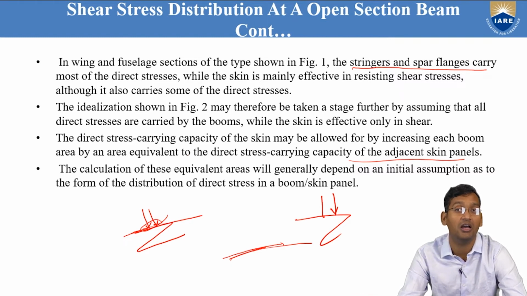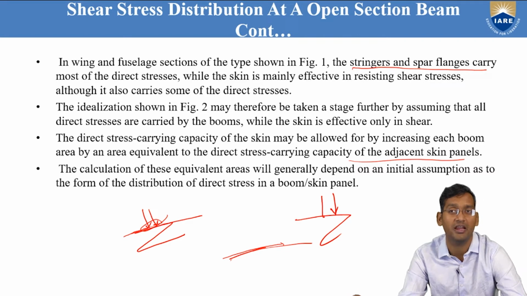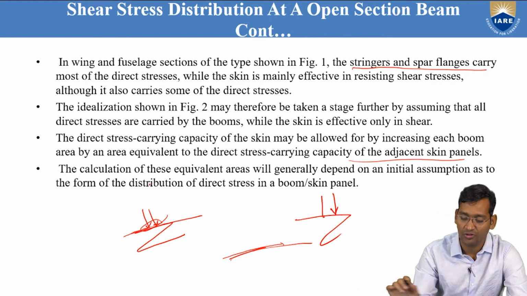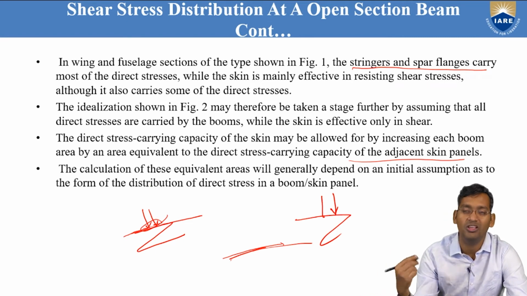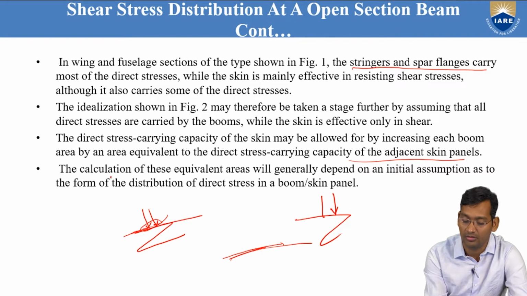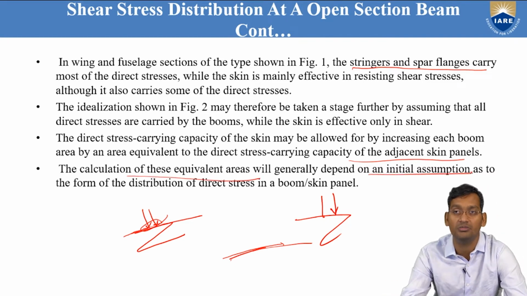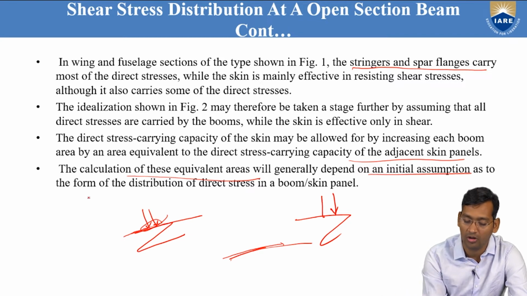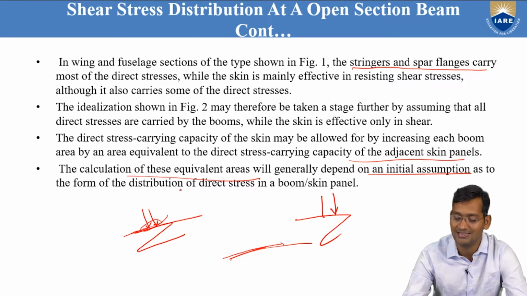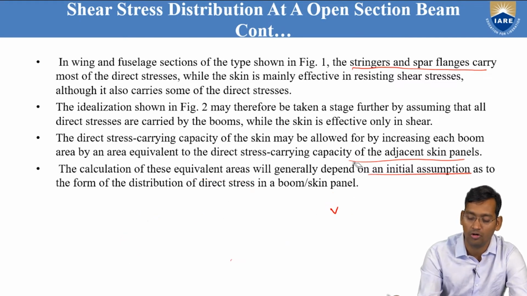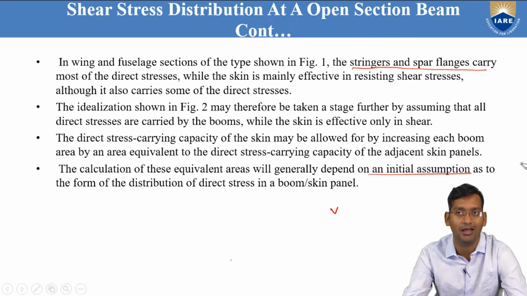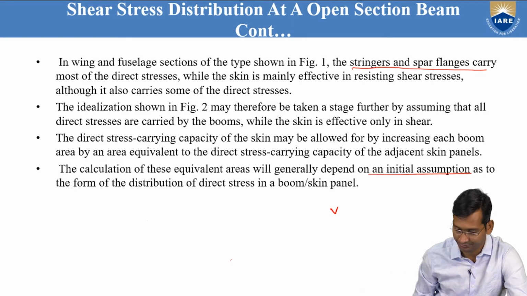The calculation of this equivalent area generally depends on initial assumptions as to the form of distribution of direct stress in a boom skin panel. Whatever the initial assumptions are, the equivalent area follows from them.